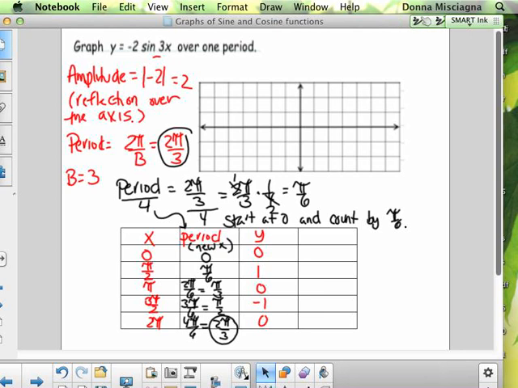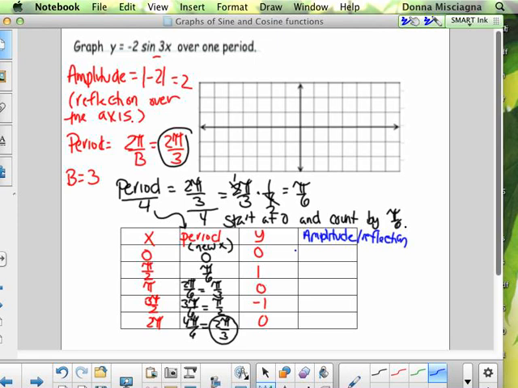All right, and to find the y values, we're just going to take our current y values and multiply by the amplitude, along with the reflection there. So instead of multiplying by 2, we're going to multiply by negative 2.